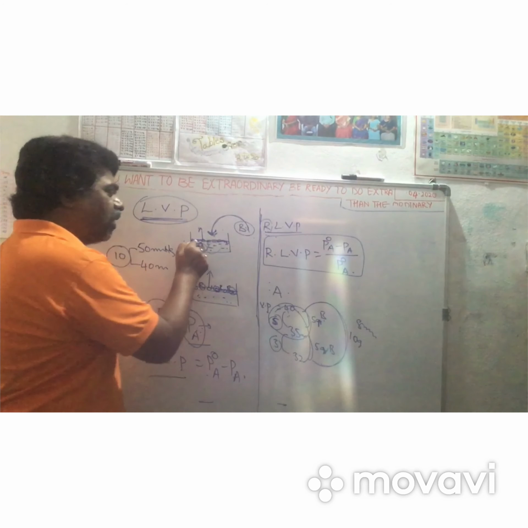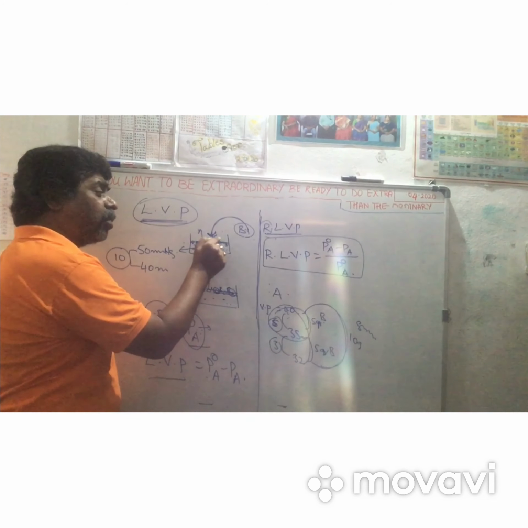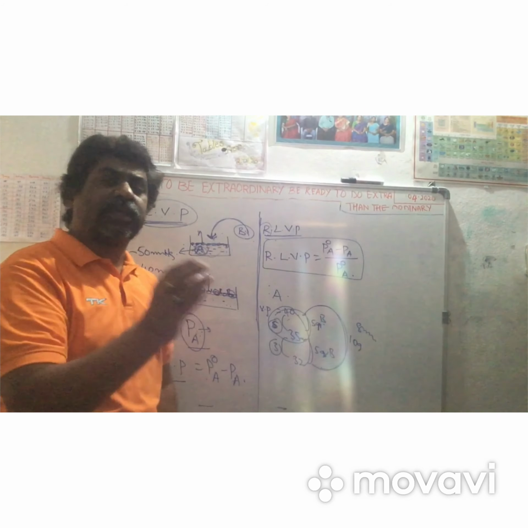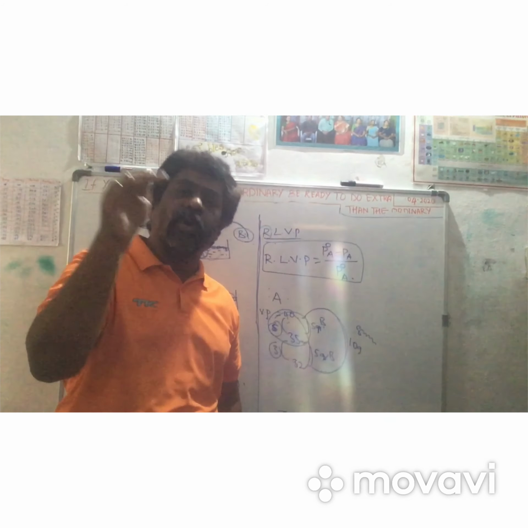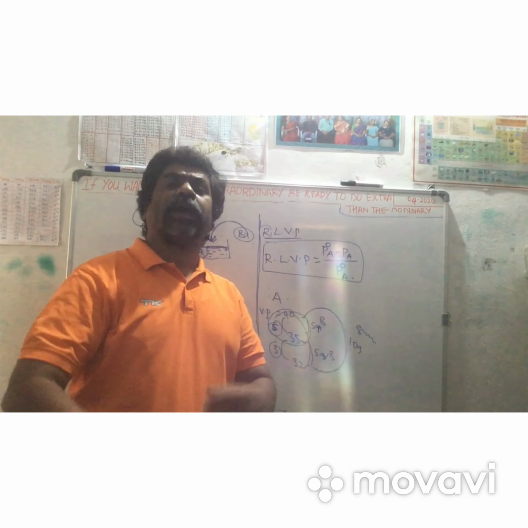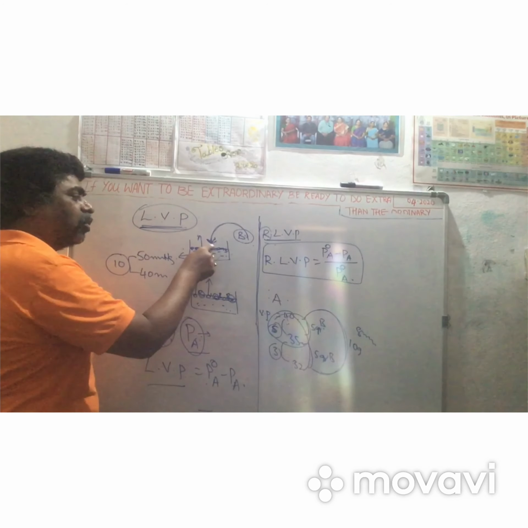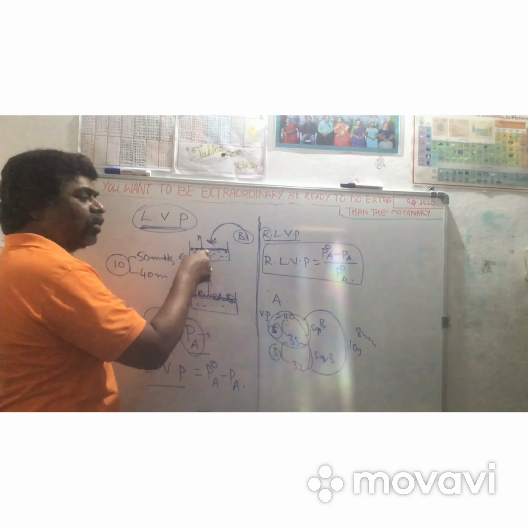Reason: always I am telling, number of molecules, not weight. Number of molecules means indirectly number of moles. Moles and mole fraction are interrelated. Mole fraction is the number of moles of solute divided by total moles of solution.